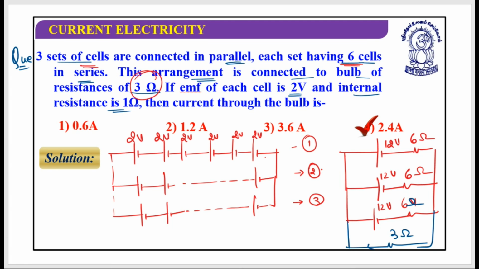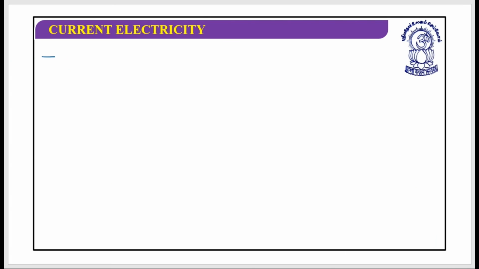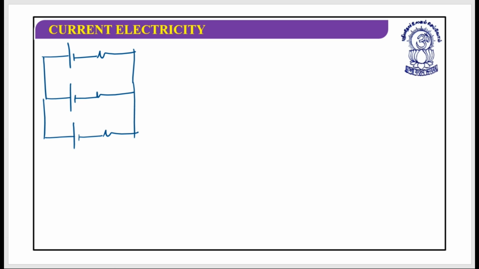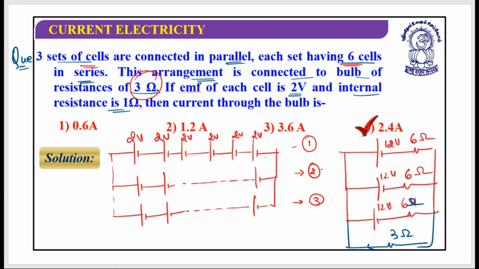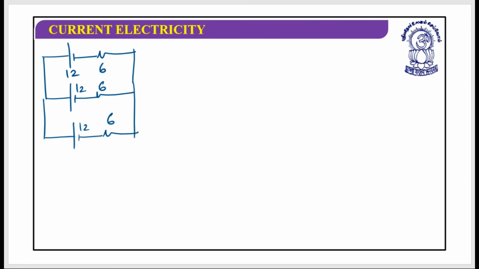So it's 12 volt and 6 ohm, again 12 volt and 6 ohm, 12 volt and 6 ohm, and the external resistance, which behaves as a bulb, is 3 ohm. So I need to find out the current that passes through here.